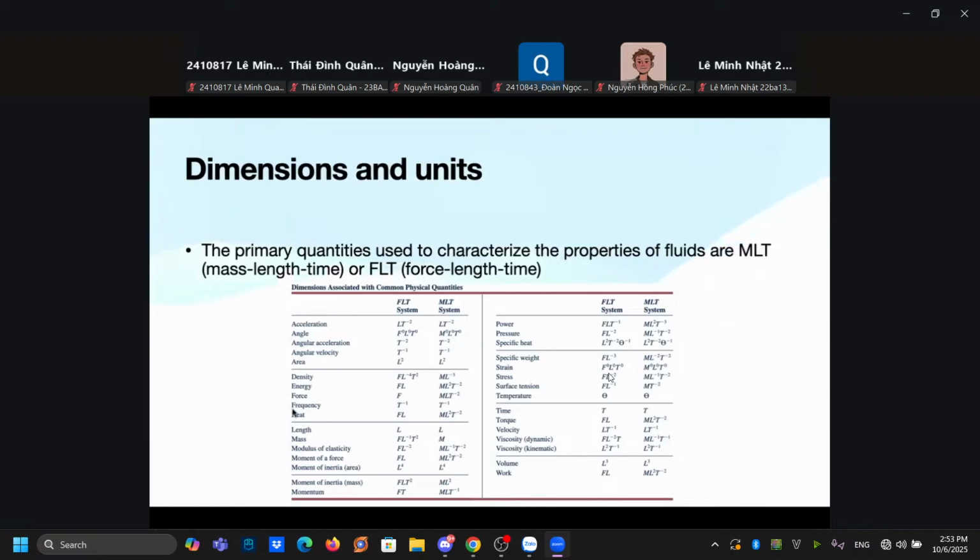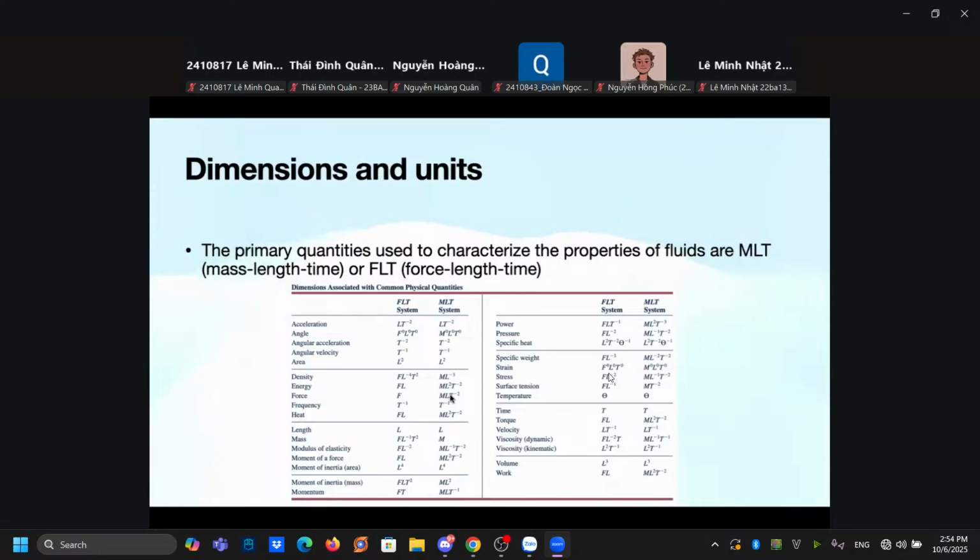Similarly, here we have other parameters like density, area, angle, force. For the force, it is F in the FLT system, but in the MLT system, why is it mass length multiplied by T to the power minus 2? I give you about 30 seconds. Think about it. Then can you answer the question?